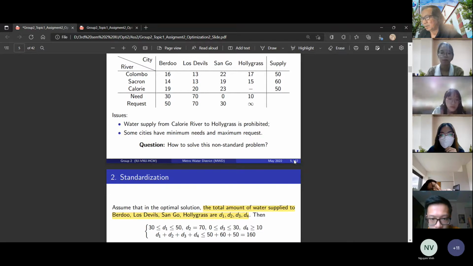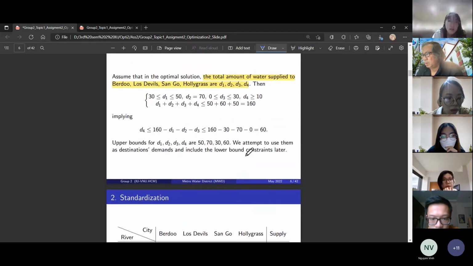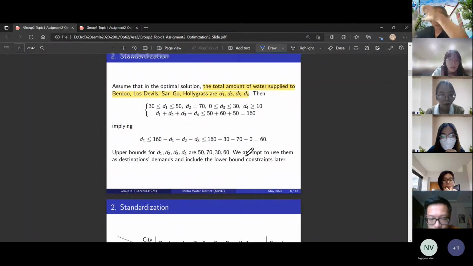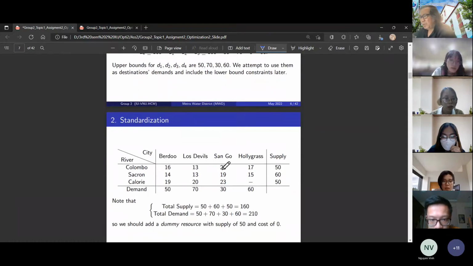If D1, D2 does not go with a figure or a table, then it is quite hard to imagine. D1 is what?